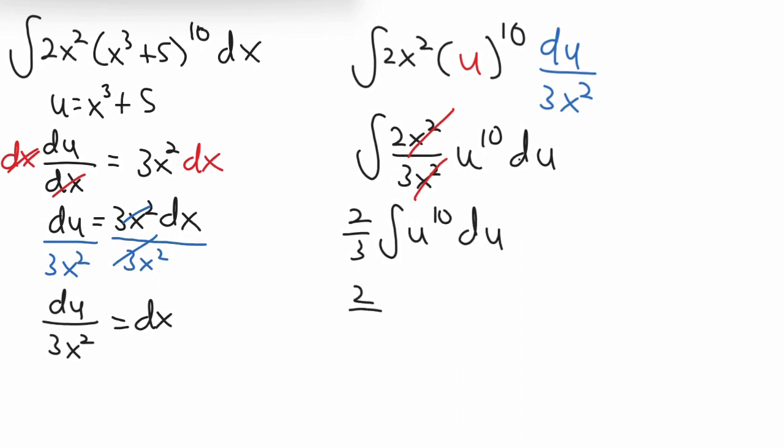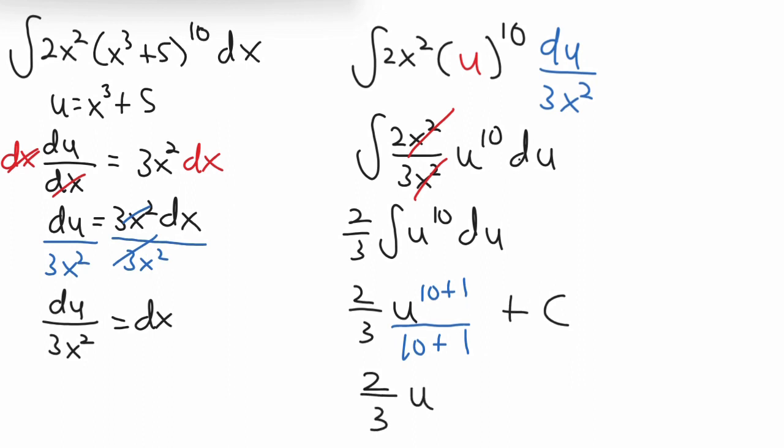Right? The integral of u to the 10th is u to the 10 plus 1 over 10 plus 1. And don't forget your plus c. You always need a constant. So you got 2/3 u to the 11 over 11, plus c. Now you're just going to plug in for the u.